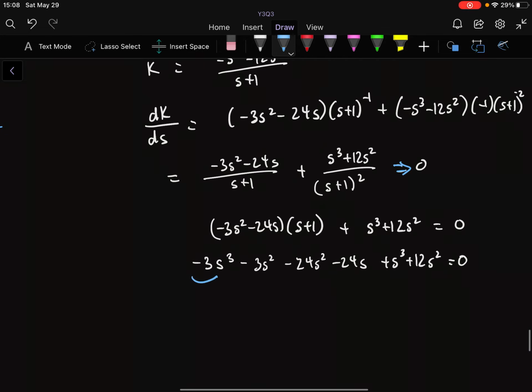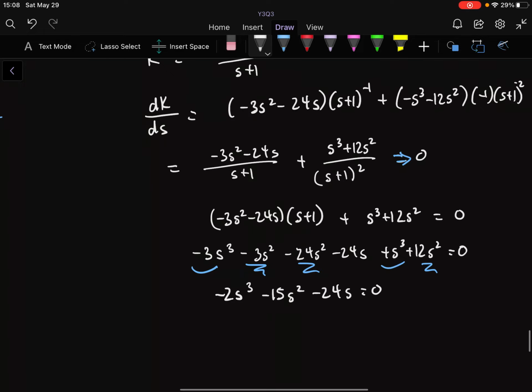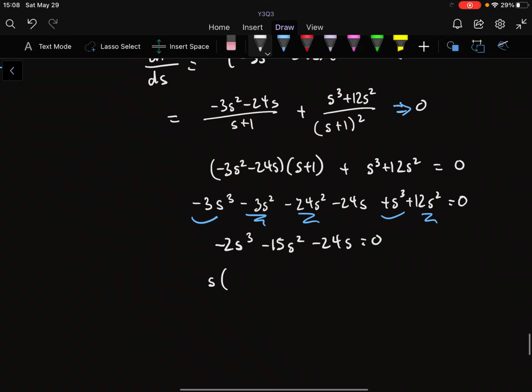Okay, and we combine our like terms again. So basically the overall process is the same, but we're going to have a result that's slightly different. Do a bit more factoring and getting rid of the negative.